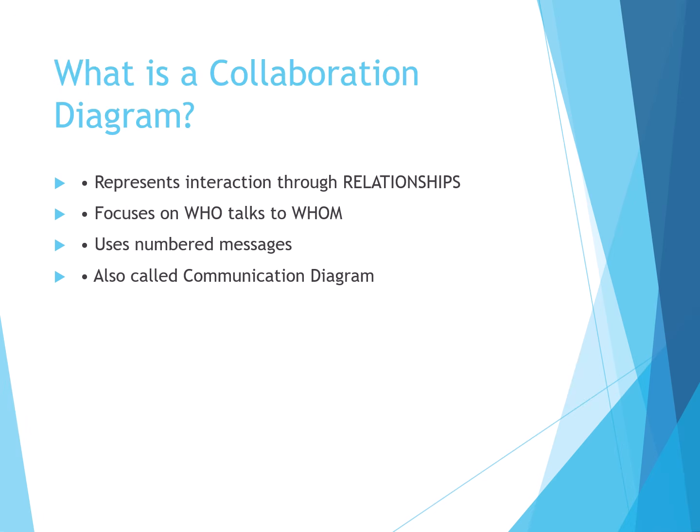Now let us learn about the collaboration diagram. What is a collaboration diagram? It is like seeing the same movie scene, but instead of showing when things happen, we see who is connected to whom. Okay, it's about communication, not timing. It's like a network of conversations happening between different people in a group chat. The order is shown using message numbers like 1, 2, 3, 4, not vertical position.